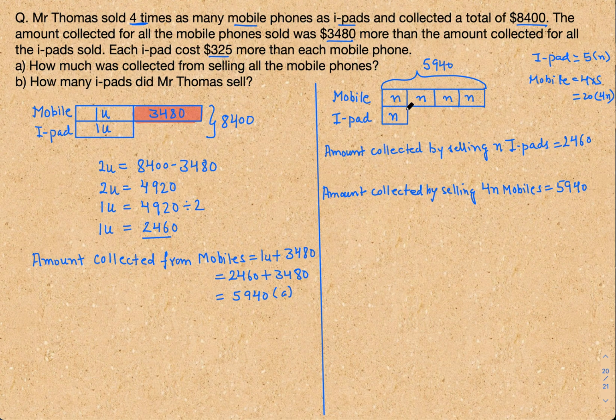Then how much was collected by selling only n number of mobiles? Obviously this amount divided by 4.